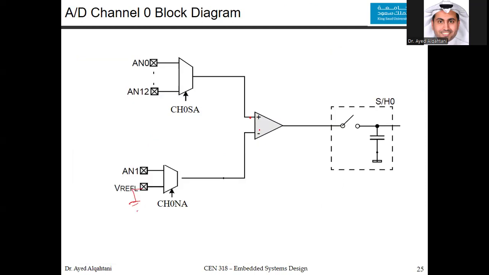Here we have the comparator, the switch and the capacitor, and it goes to the successive approximation ADC. This step is sometimes called sample and hold, as we specified earlier. Now, after understanding this, we can look at the full picture.